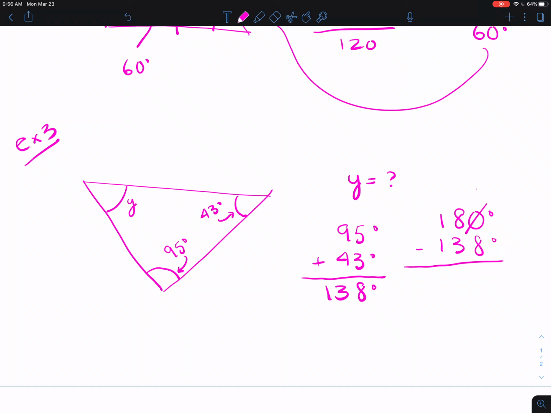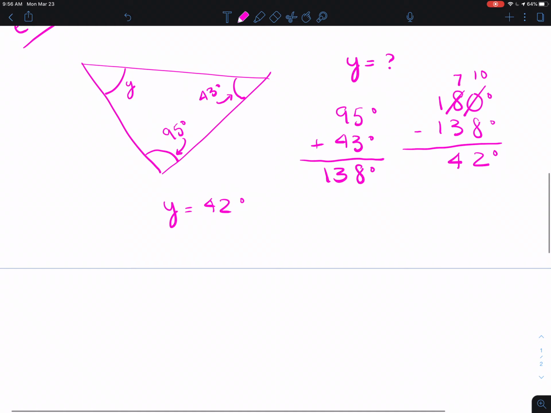Okay, you borrow here, this turns to a 10, 2. You borrow from the 8, that turns into a 7, 4, that's 42 degrees. Therefore, y is equal to 42 degrees. Okay, now let's go ahead and box that and move on.